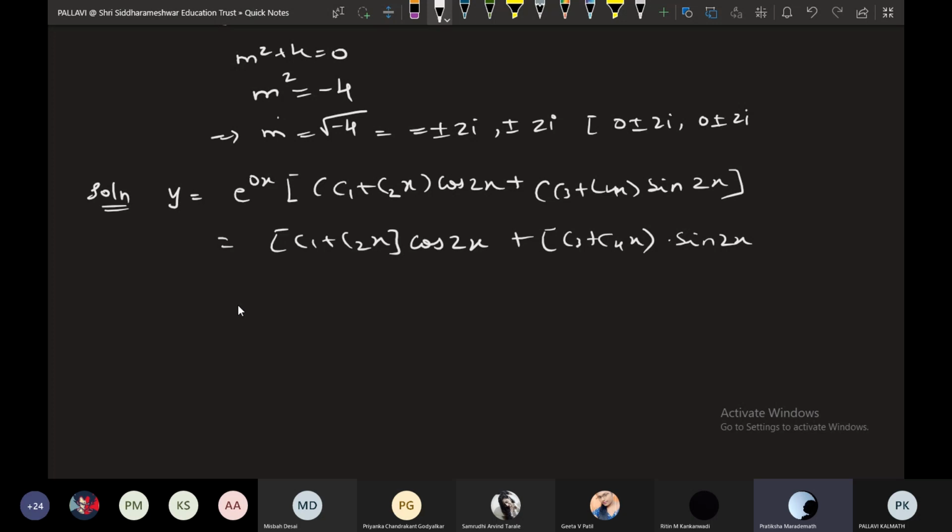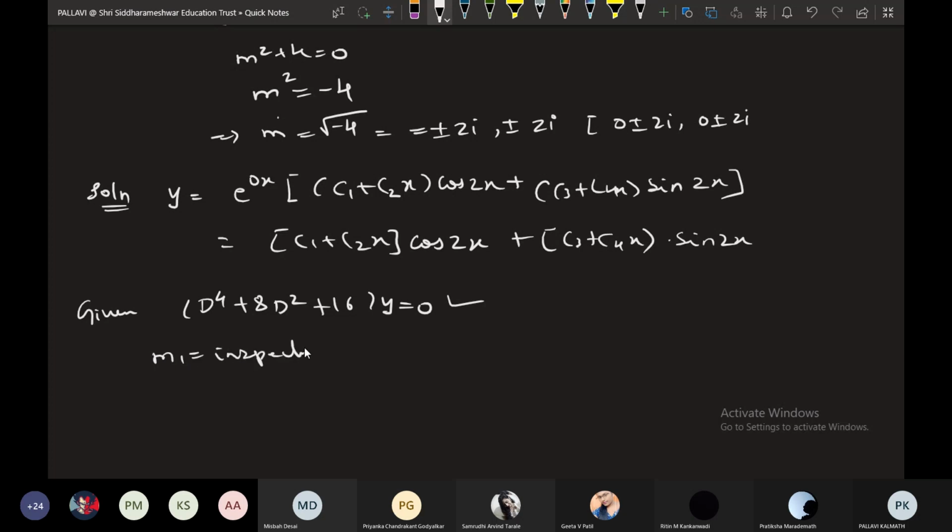Is the conclusion the same for everyone? Do you agree, all of you? See, what is the sum? D raised to 4 plus 8d square plus 16 into y equals to 0. This is your given equation, right? Then by synthetic division, first of all you have to find one of the roots m1 by inspection.